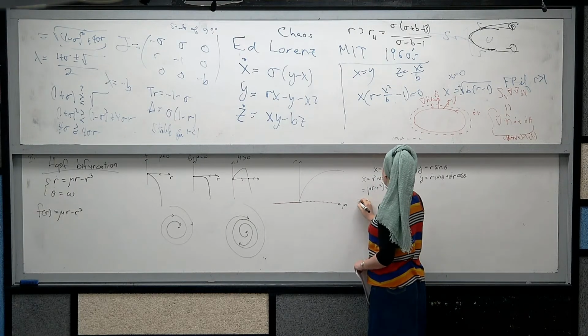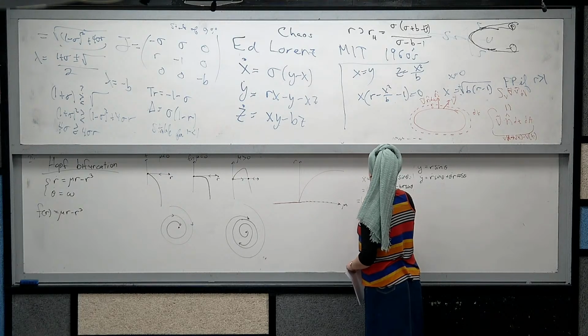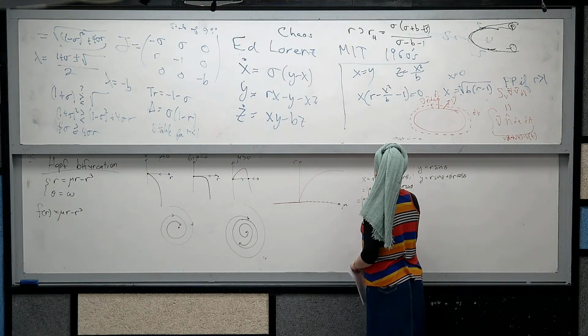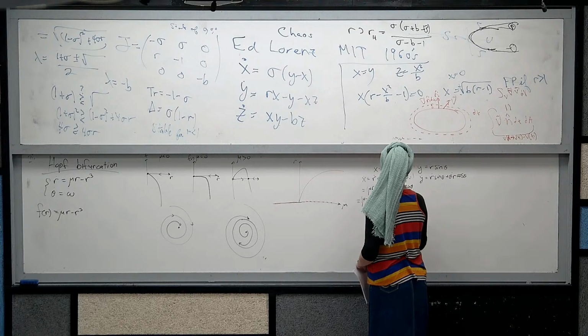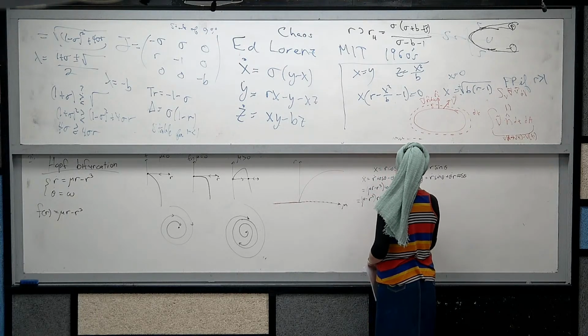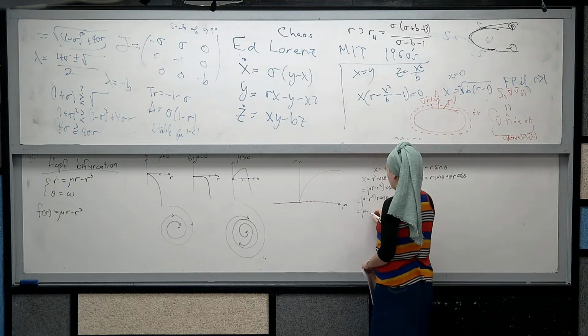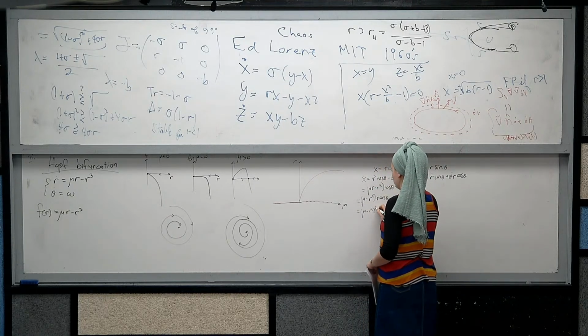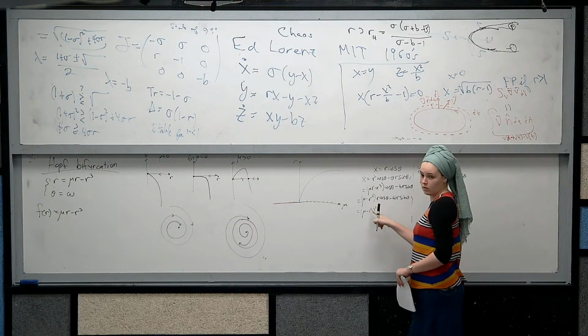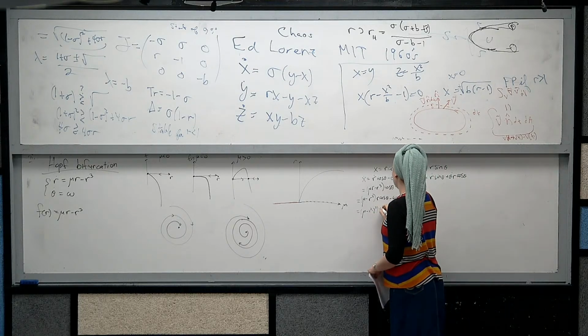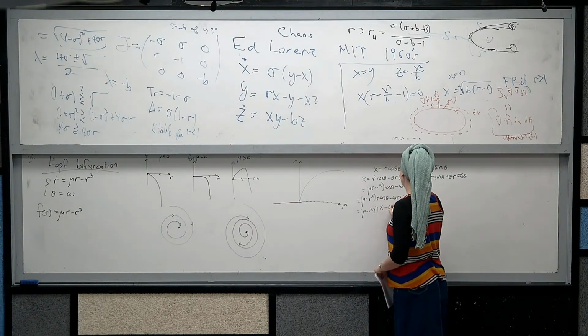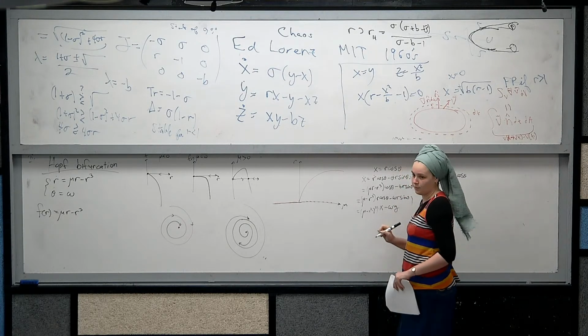This is actually mu minus r squared times r cosine theta minus omega r sine theta. This is mu minus x squared minus y squared times x minus omega y.